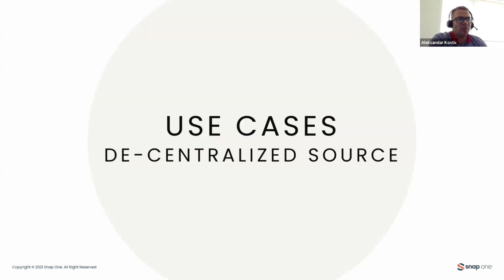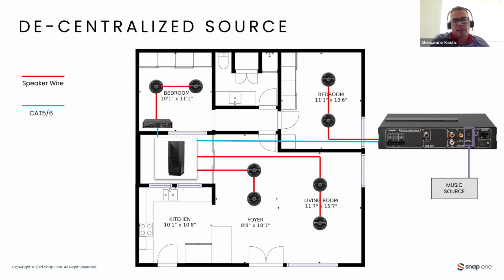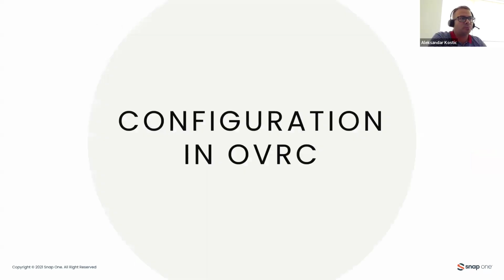So as the MOIP amplifier is used for the audio receiver, it also can be used as an audio transmitter using the local audio input. So in this case, we have some local audio source in the bedroom, and through the network using the MOIP ecosystem, using the MOIP controller, we can stream that audio source across the house in different parts, and we do not need to have it centrally located in the rack room.